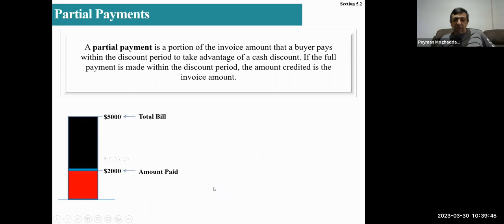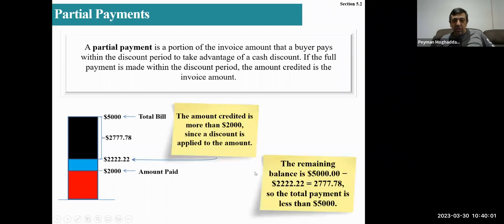So, for example, in this case, when the discount is 10%, when you pay $2,000 in the 10% discount period, you are actually credited $2,222.22. Why? Because $2,000 divided by 90% is going to be 2,222.22.